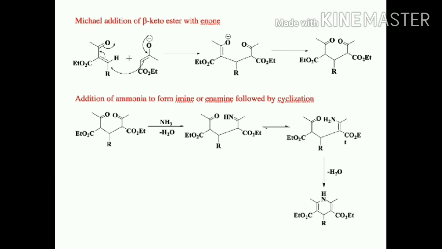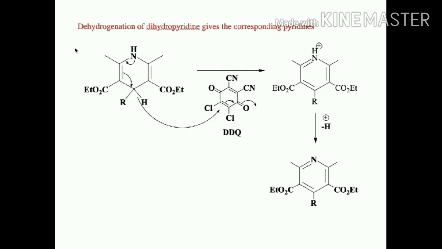So this reduced pyridine will undergo dehydrogenation or oxidation. Here the mechanism is given for dehydrogenation. For the dehydrogenation reaction, DDQ, dichlorodicyanoquinone, is used to get the corresponding pyridine derivative. So this is the overall mechanism of Hantzsch pyridine synthesis.